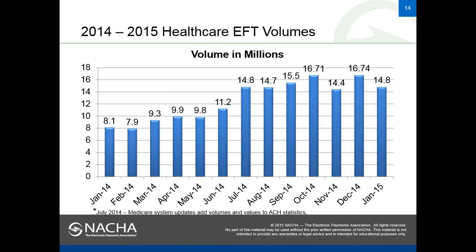The actual daily transaction volume was higher than the daily transaction volume in October, but then we saw a decrease in January of 2015 that, at this point, other than saying it could possibly have been the severe weather that caused some impacts, we really don't have an idea and don't have any history to see whether this is a cyclical decrease in transaction volumes. So hopefully next year we'll be able to answer that question.